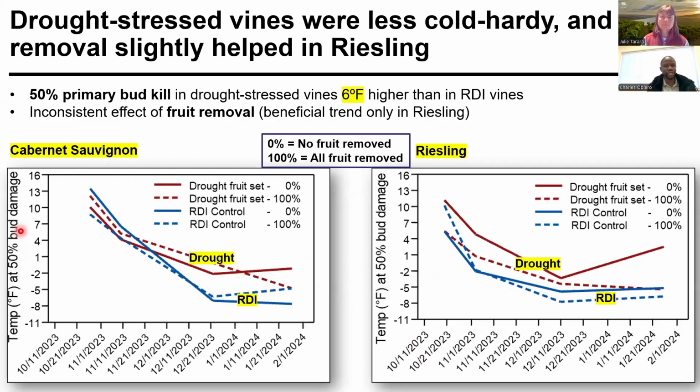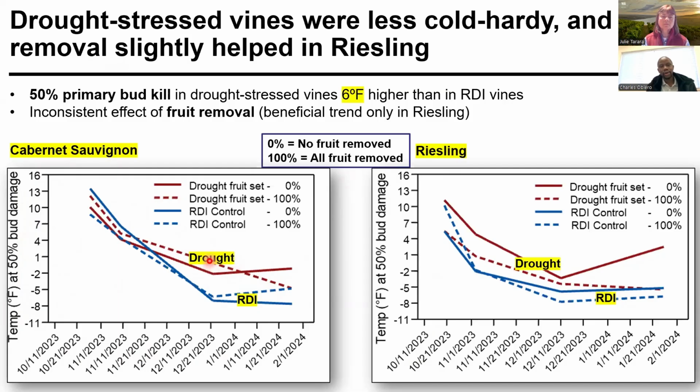We can show this by looking at the left graph, which is for Cabernet Sauvignon. The right graph is Riesling. On the y-axis, we have the temperature at 50% bud damage. On the x-axis are the dates when I collected the buds.